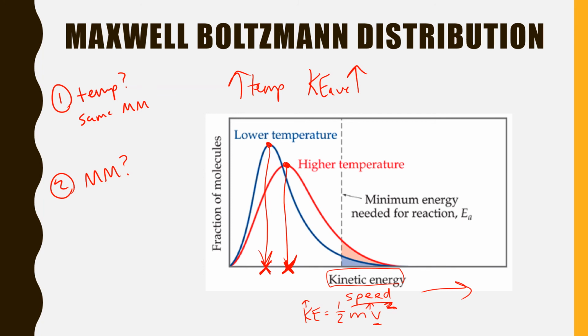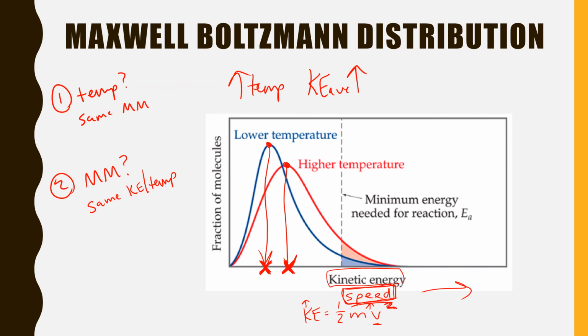The molar mass question is when they have the same kinetic energy or same temperature. Most of the time what will happen is you'll have speed on this x-axis. When we look at speed, this one, the red line, has a greater speed than the blue line.